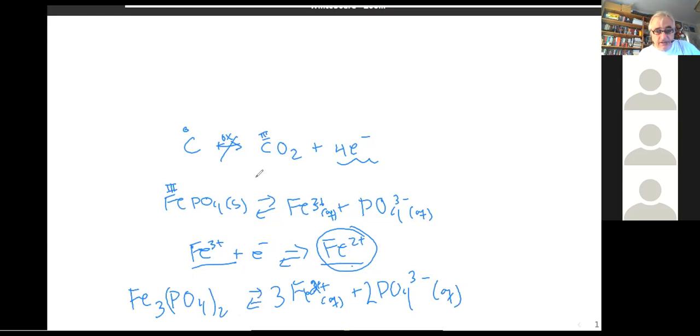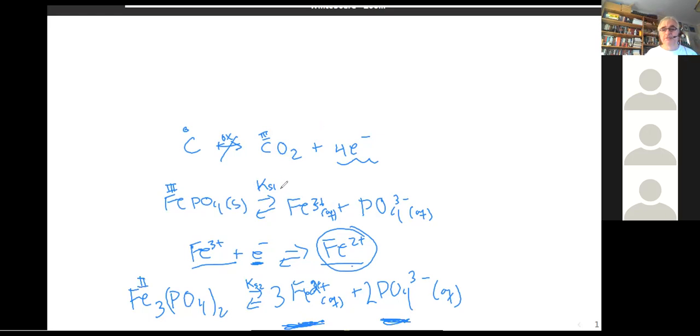Suppose this is the solubility, and here is another solubility. If this iron 2 phosphate is more soluble, then the effect of slowly transforming iron 3+ in the water by the presence of electrons is actually also increasing the iron level, and increasing iron then increases also the phosphate level in the water.